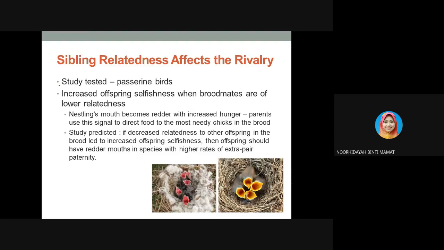A study had been tested, in the third evidence, which is in the group of passerine birds. It will increase the offspring's selfishness when the brood mates are of lower relatedness. The nestling's mouth becomes redder with increased hunger, and parents use this signal, the coloration of the mouth, to direct food to the most needy chicks in the brood, because the parents know when the mouths are redder, they are more hungry.